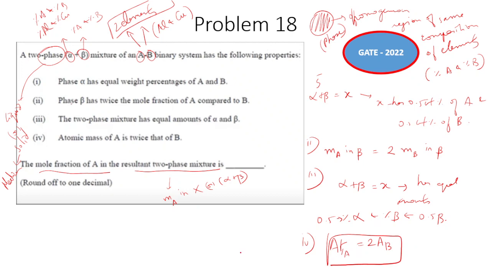All you have to do is convert that weight percentage to mole fraction. Okay, no problem. Since there is less time, I will explain.